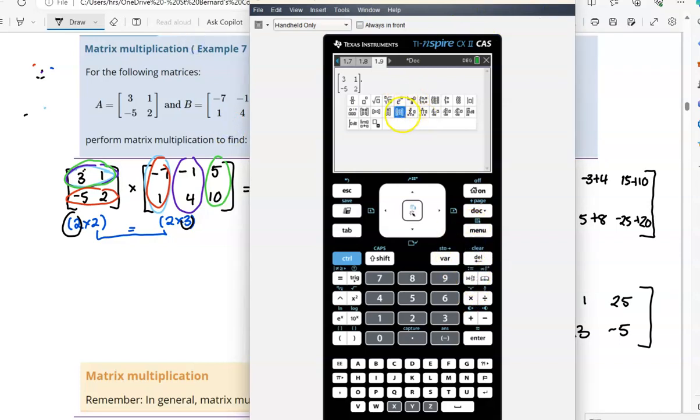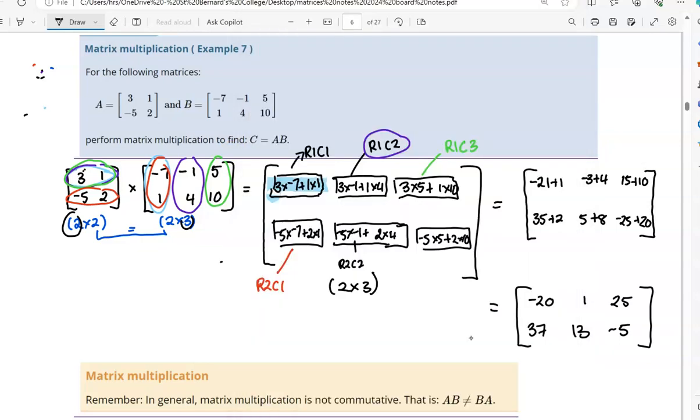And we had -7, -1, 5, 1, 4 and 10. So this is how you can do it on the calculator. If they're not making you do it manually, they're not saying show calculations, you can just do it like that. And is that what we got for our answer? Yep. That's good. So we're on track.